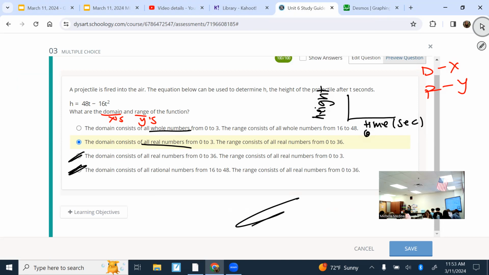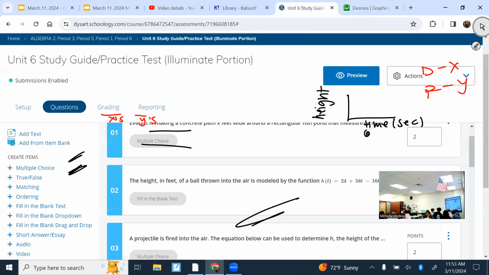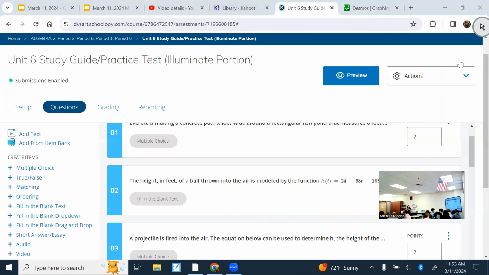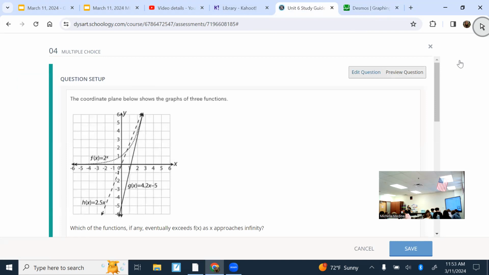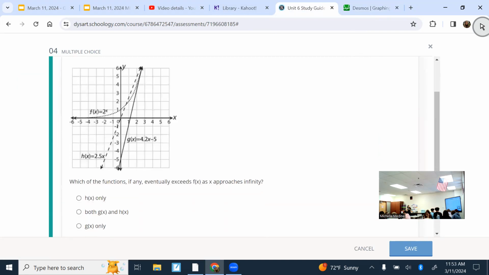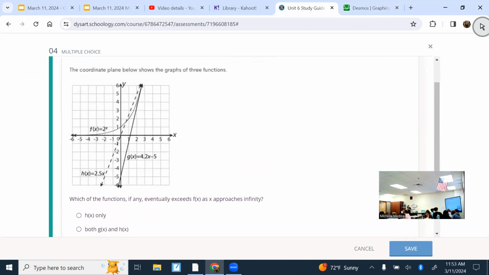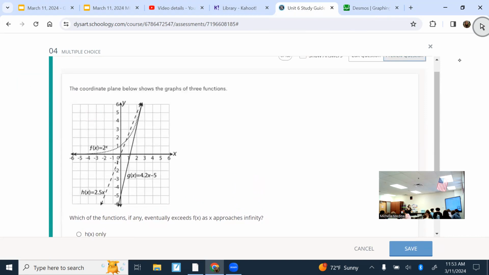Yes, number 4 on this one. So which, if any, eventually exceeds f of x as x approaches infinity? So see everything that you're given.